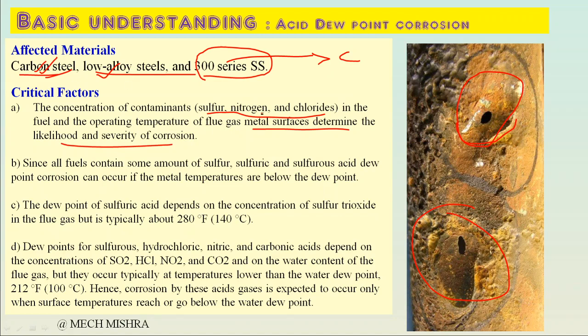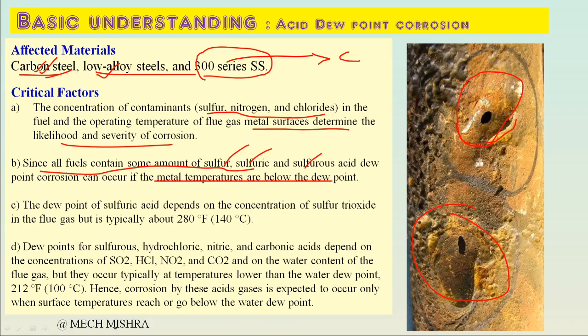That's the critical factor. All fuels contain some amount of sulfur, which gives sulfuric and sulfurous acid. Dew point corrosion occurs if metal temperature is below the dew point. So if the stream has these gases and my metal temperature goes below the dew point, this will cause corrosion.